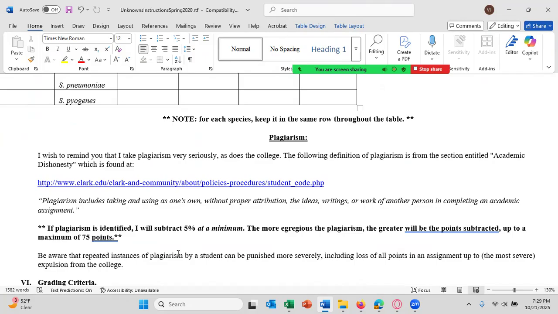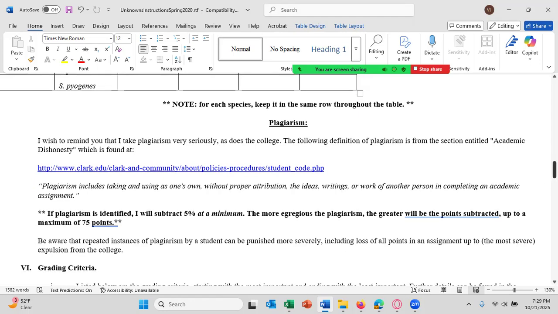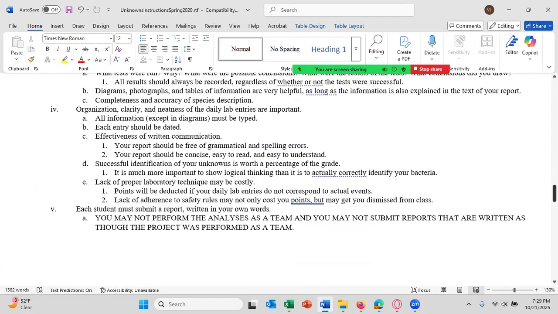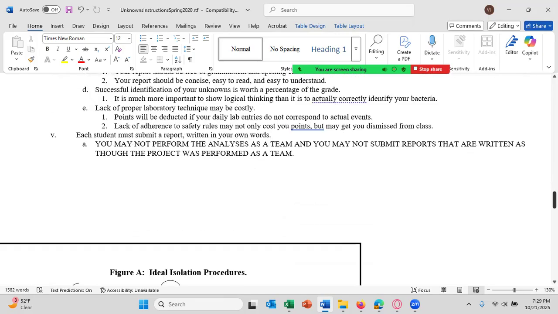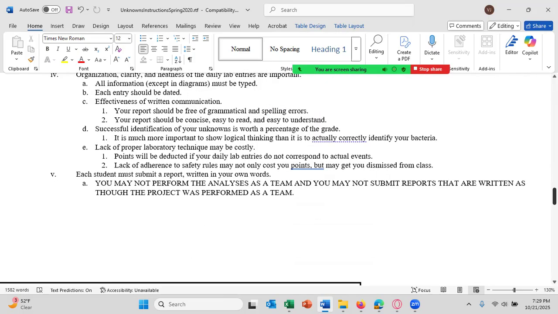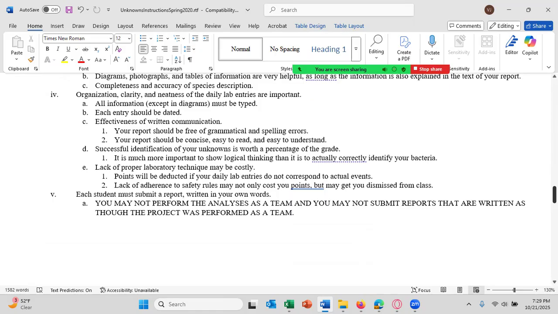Generally, I don't have students plagiarizing in this project, but occasionally I've had students who get the paragraph about their unknown from someplace and then they just copy it and put it in, which case that's plagiarism of the source, and that's a major plagiarism too. So don't do that. You should write everything in your own words. Wherever you don't, you should put it in quotes and say where you got it from.